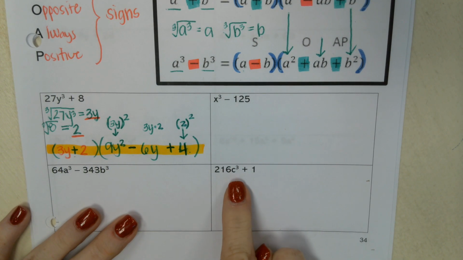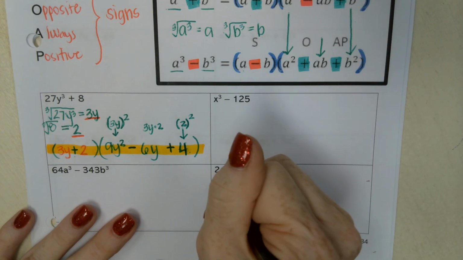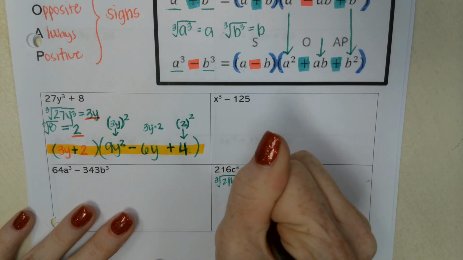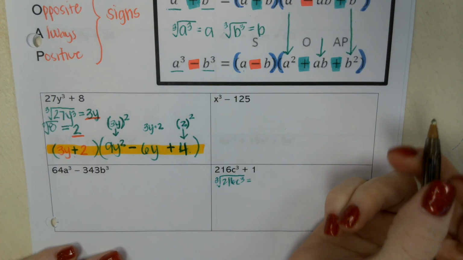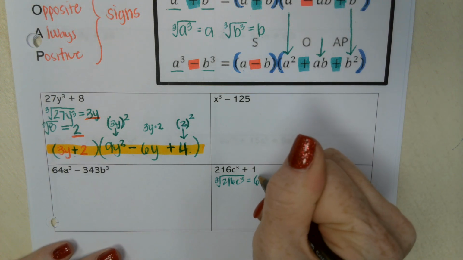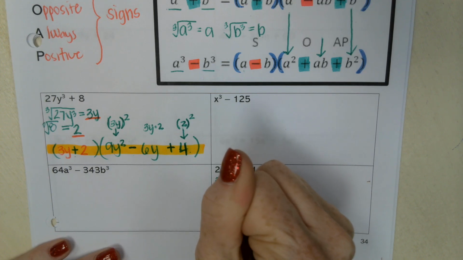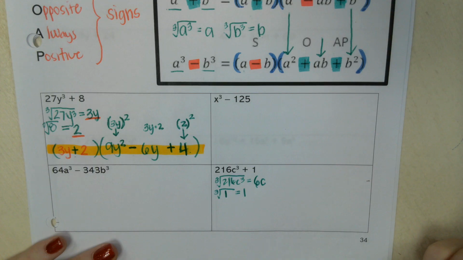All right, I want to do this other one that's a sum of cubes. So I've got these perfect cubes. I've got 216c cubed. What is the cube root of 216c cubed? 6c. Yep. And what is the cube root of 1? 1.